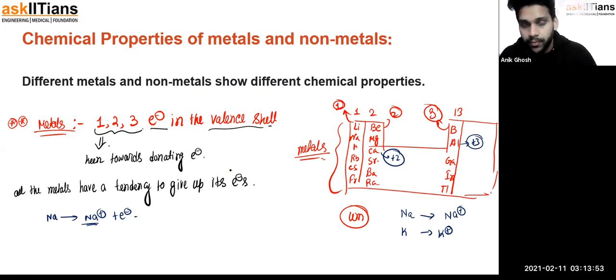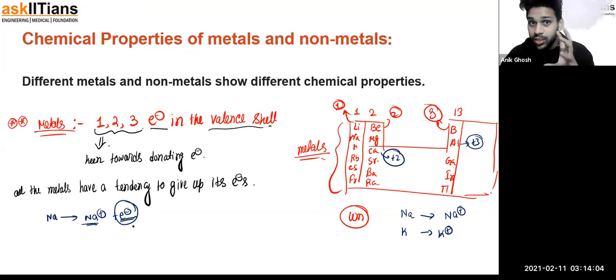Okay. Now, as they are losing the electrons, what are they doing? Look, the element that loses electrons, the reaction in which the electron is being lost, that is an oxidation reaction, isn't it?